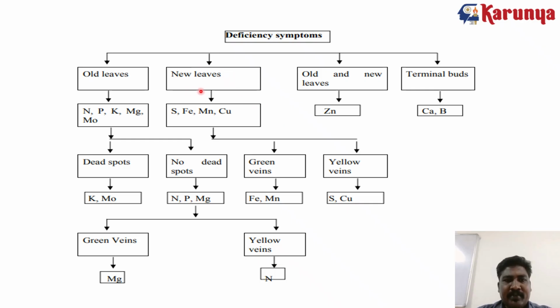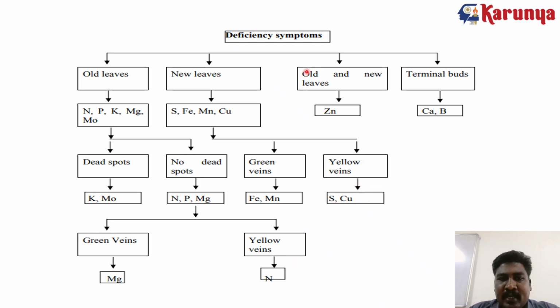So coming to the new leaves, meaning the upper part of the plant, it could be due to sulfur, iron, manganese, and copper. Most of the micronutrients as well as the secondary nutrient will show the deficiency symptoms. And when the vein color is green, it might be due to iron and manganese, and yellow veins are due to sulfur and copper.